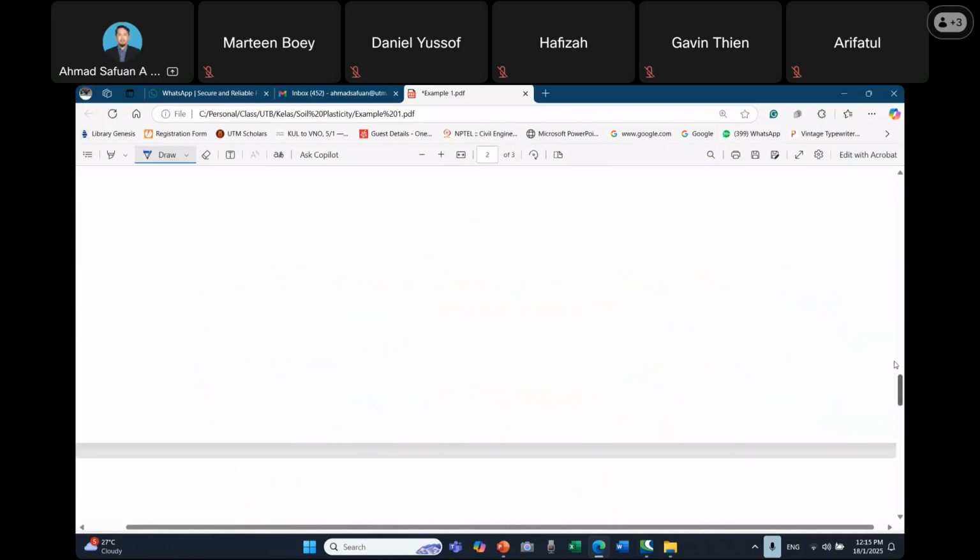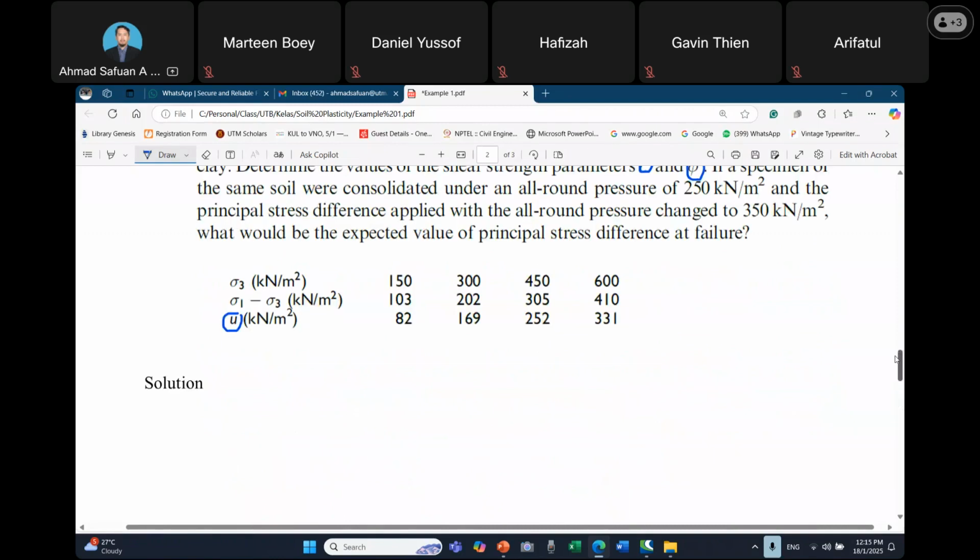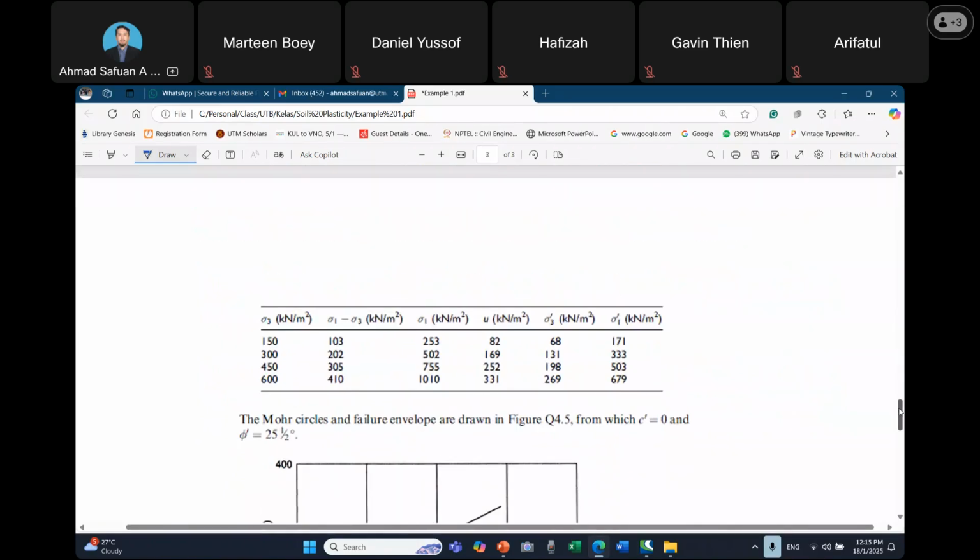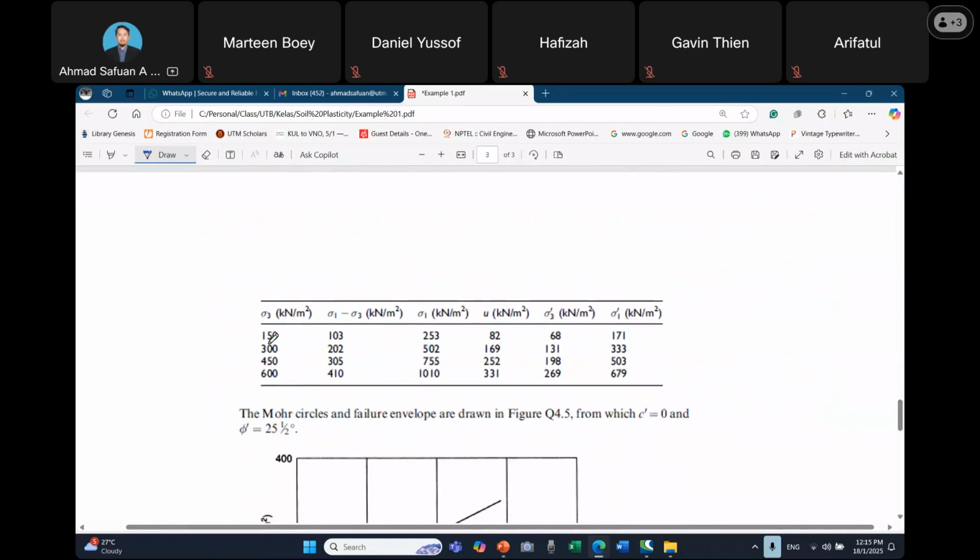So for example, the pore water pressure here is 82. So 150 plus 103 is equal to 253. Then to determine the effective stress of sigma 3, 150 minus 82, so we get 68.